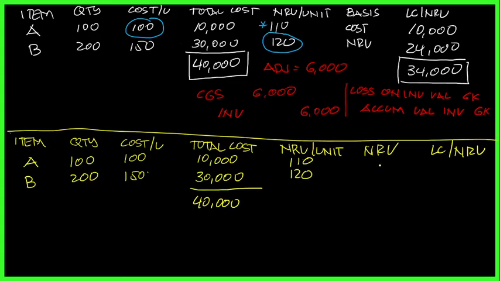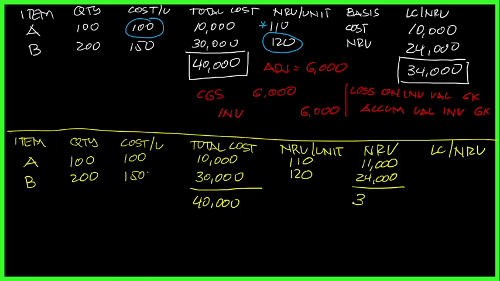So if that is valued on 110 times 100, you'll get 11,000, and 120 times 200, that will be 24,000. So pag total, we're just going to compare the total inventory at cost and total inventory at net realizable value.